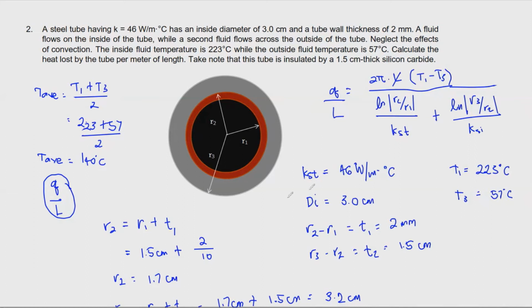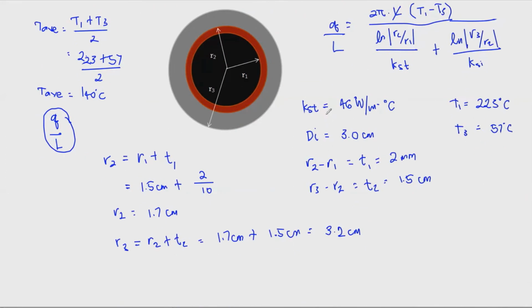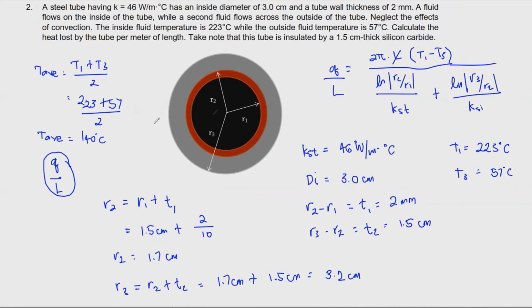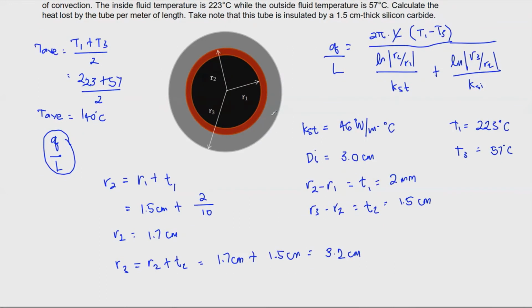What I mean by this is that, while it's true that we want to take the average so that we can find the thermal conductivity, there are actually two cases that we might consider.